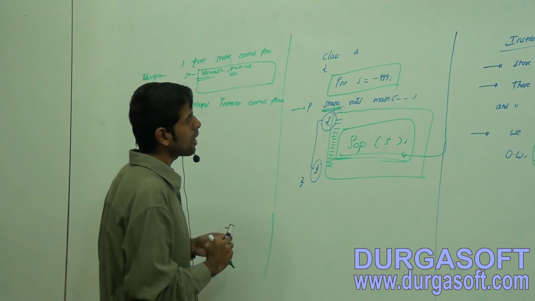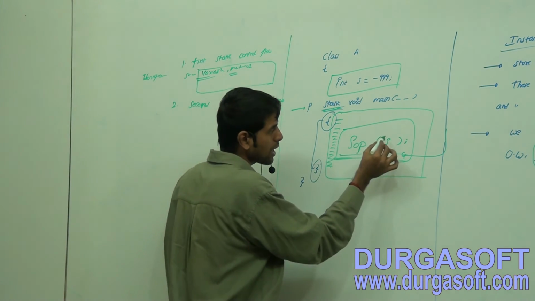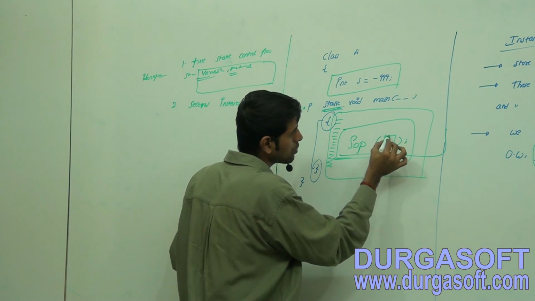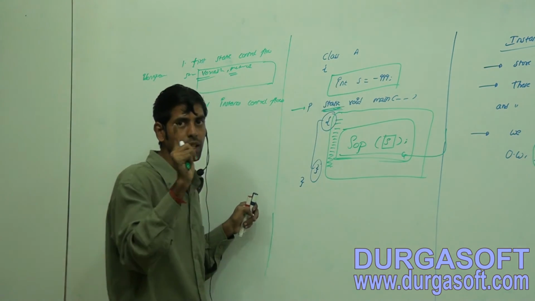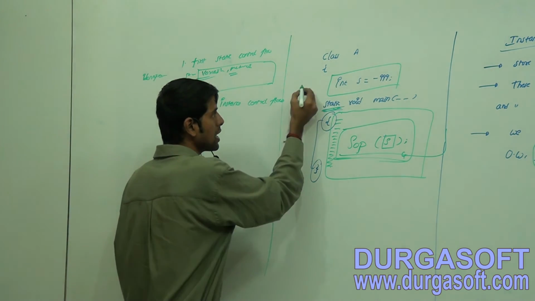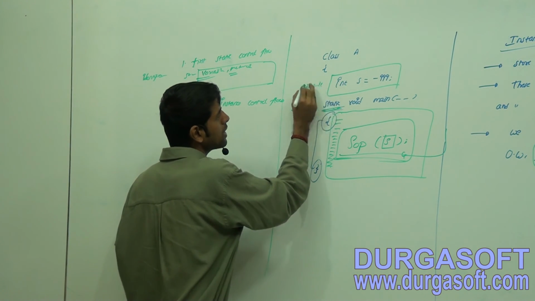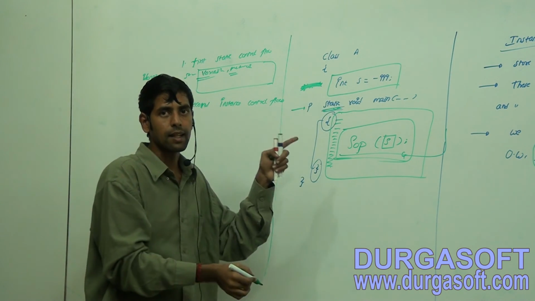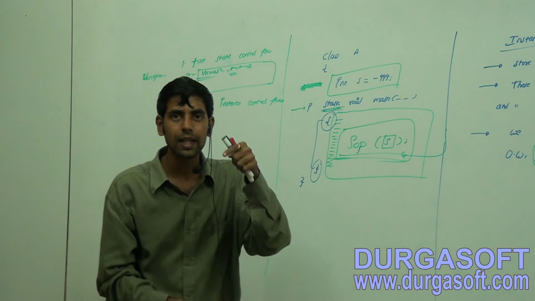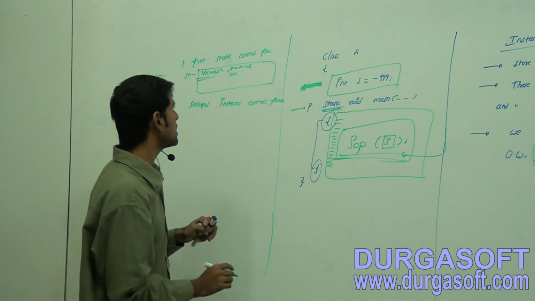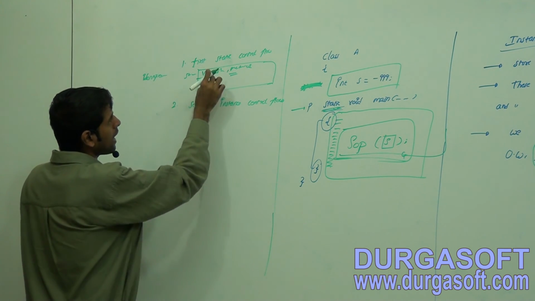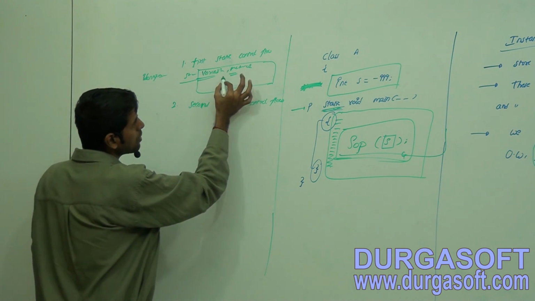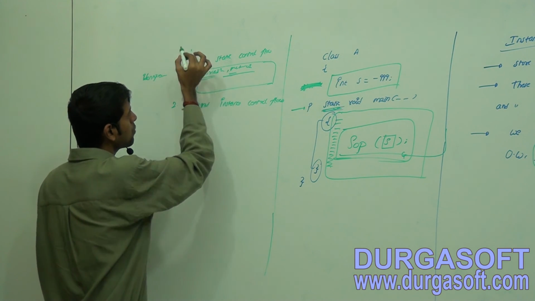Now what is this one? You are accessing a variable which is an instance variable. Did I put any static here? No, I didn't, so it is not static; it is purely an instance variable.